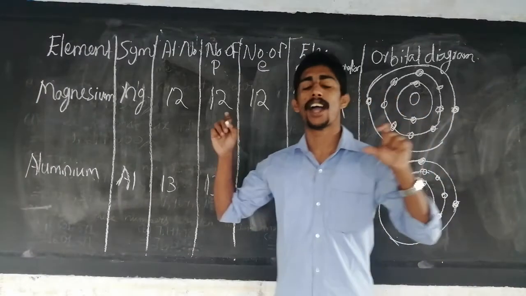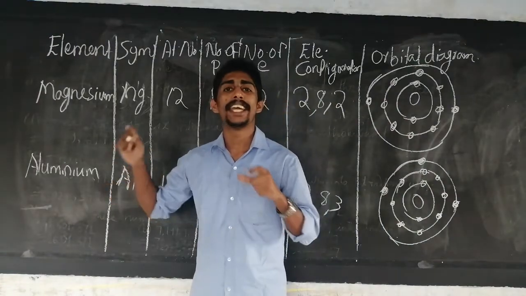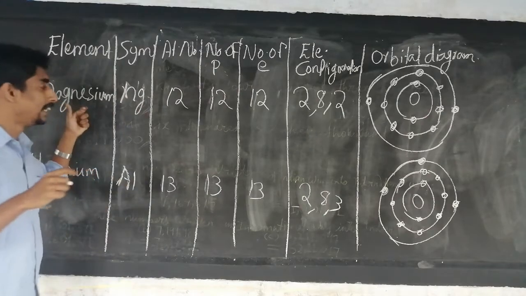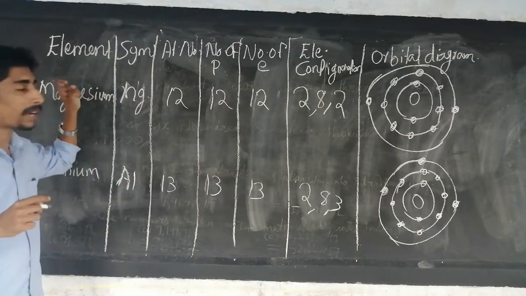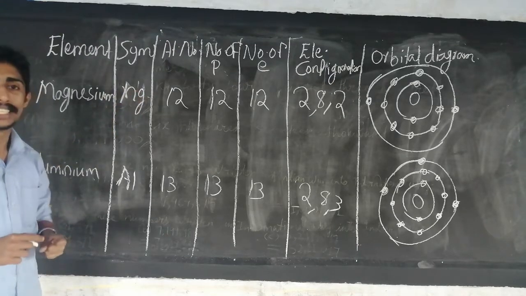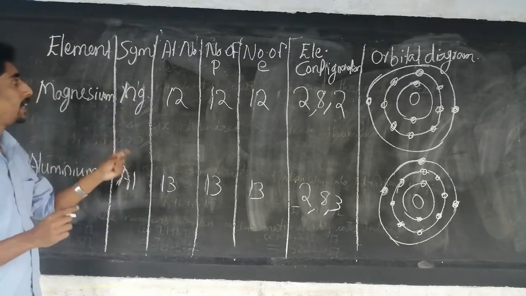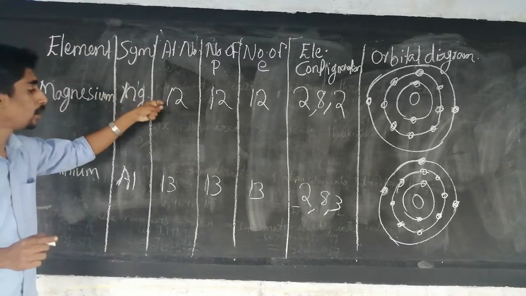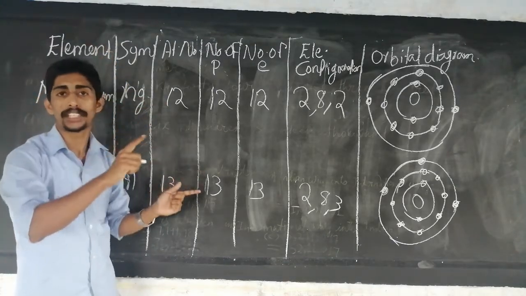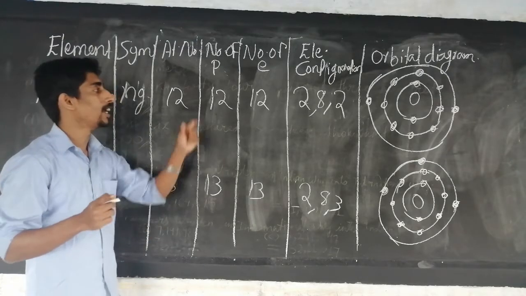Okay, we studied up to sodium. The next element which we are going to study is magnesium. The symbol of magnesium is capital letter M and small letter g, Mg. And atomic number of magnesium is 12. So if the atomic number is 12, means the number of protons and number of electrons are also 12.